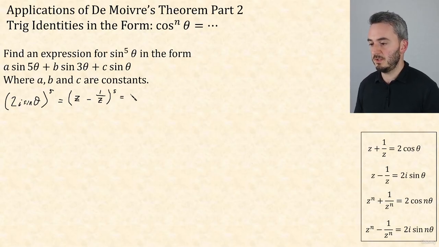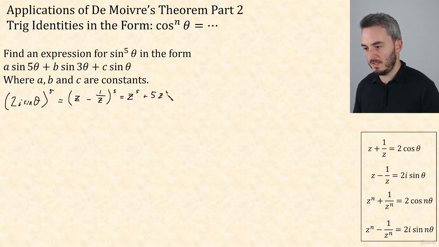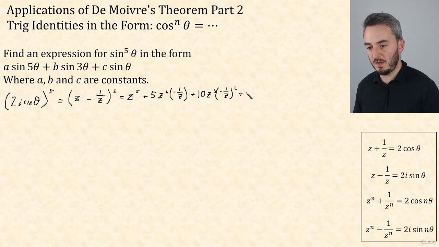Expanding this using binomial expansion, it's z to the 5, 5 choose 1, z to the 4, and minus 1 over z. We keep going, 5 choose 2, z cubed minus 1 over z squared, 5 choose 3, and so on.